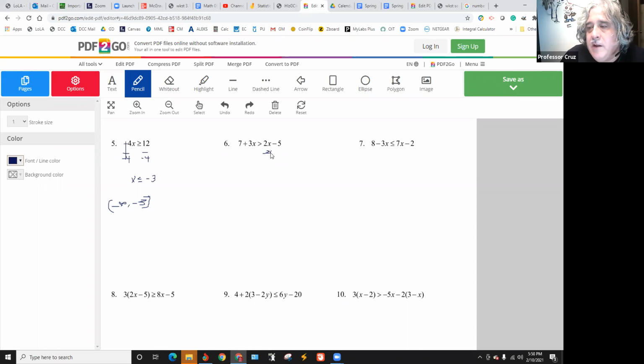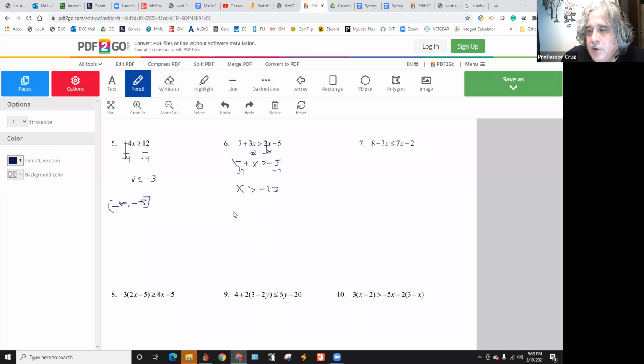Get rid of that one, and that's just going to leave a nice 1x over here. So 7 plus x is greater than -5. And then -7, -7. So x is greater than -12.